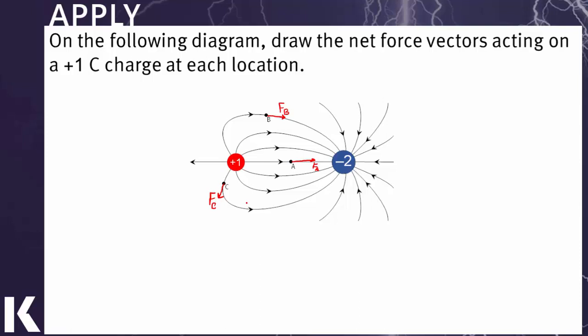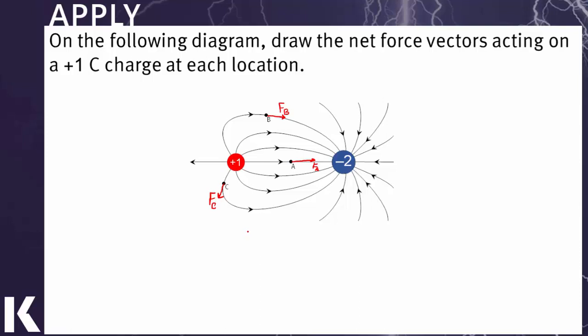A definitely, because it's much closer to the two charges, and right in between them is going to feel both a push from the 1 coulomb and a pull from the -2, is going to be our largest force. If the charge was a -1 coulomb charge that we were putting at points A, B, and C, then each of these arrows will be flipped 180 degrees because it would be going against the field instead of with the field.